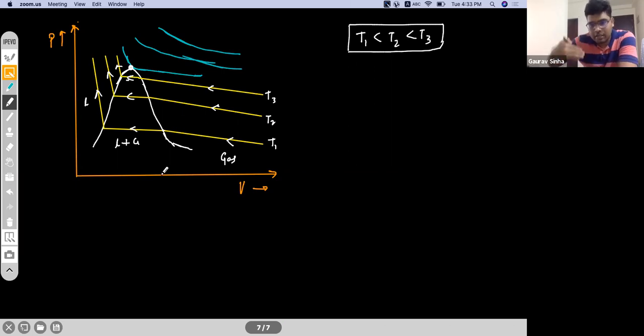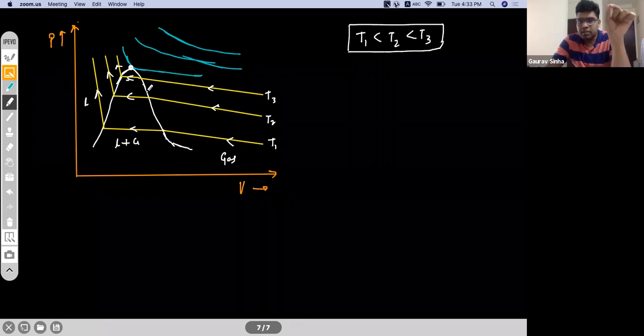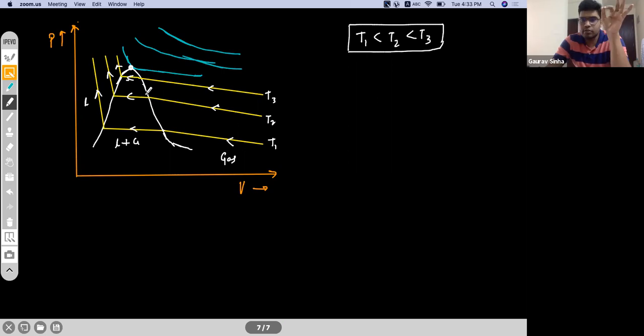Because you are increasing temperature continuously, you will get a point where the interaction among the gaseous molecules becomes zero. Ideally, we should decrease the temperature, but here we are increasing it, right? So you will get a value of temperature where the interaction becomes negligible or zero, and then the liquefaction of gas is not possible.